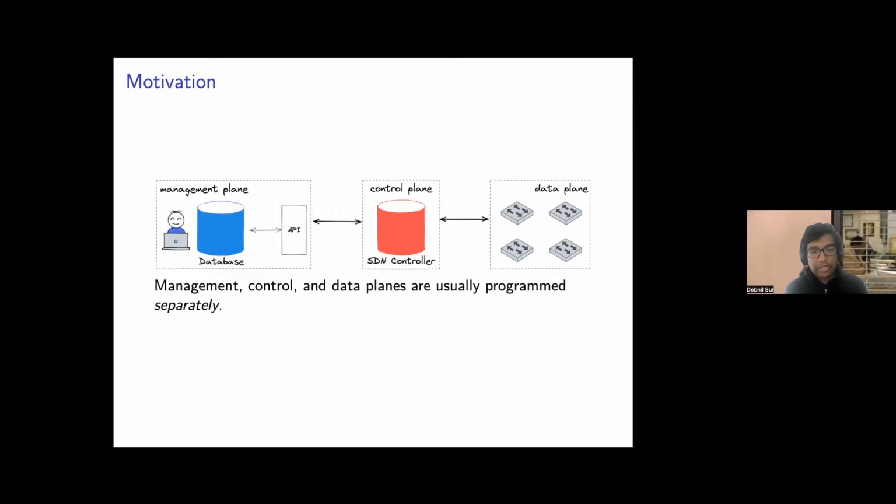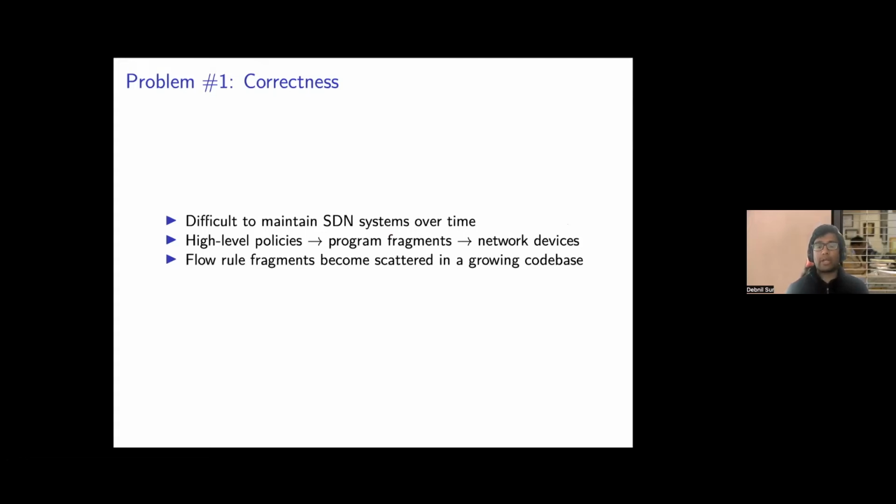Now, in our experience, this often creates two types of problems: correctness and scalability. Let's first talk about correctness. Software-defined networking, or SDN systems, are difficult to maintain over time. This can decrease developers' confidence in overall correctness. To understand why, think about the process of programming a big network.